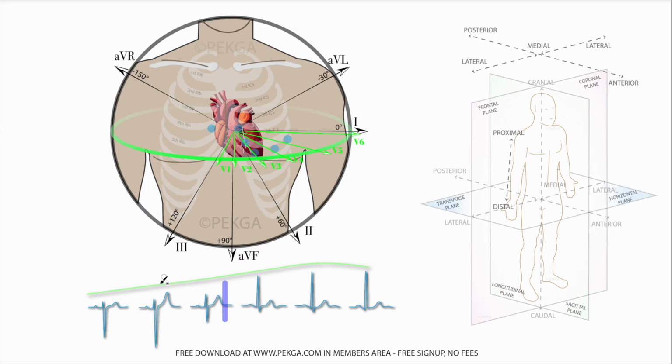And here we're going to be looking at R wave progression. So R wave progression is something that doesn't really get enough attention. And R wave progression, it's not a specific indicator of anything, but it is an excellent non-specific indicator of something.